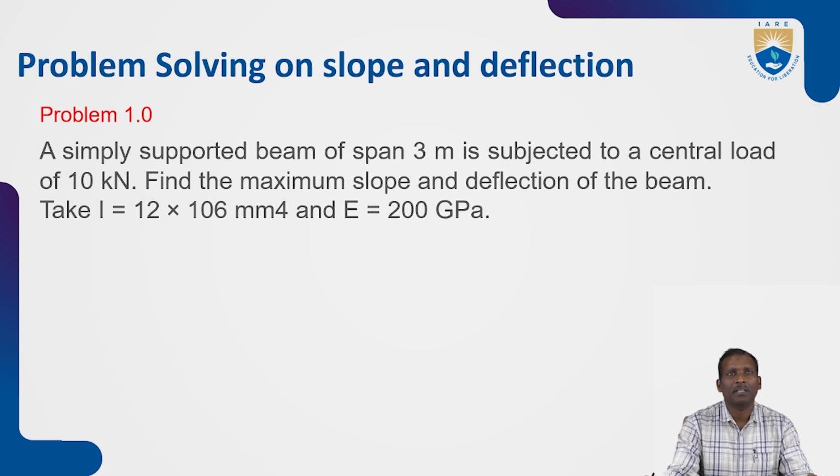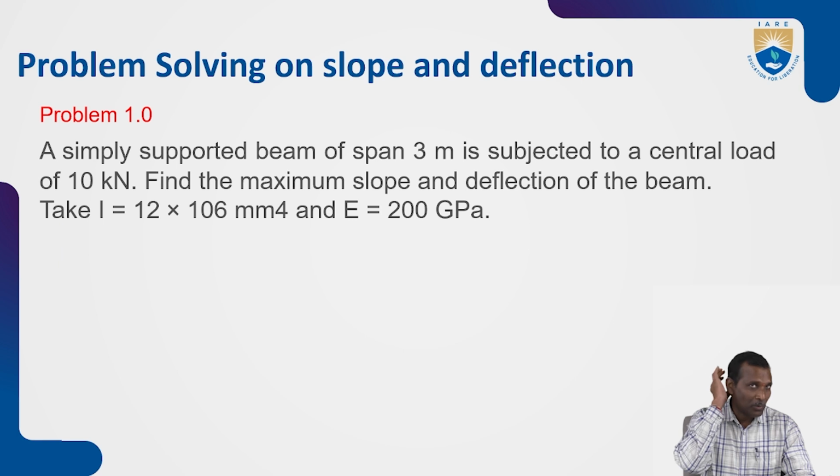Various types of beams are there, and for each and every beam they can calculate the slope and deflection, because the students have already learned the slope and deflection theory and the theorems, for derivation of the slope and deflection equations for various beams.